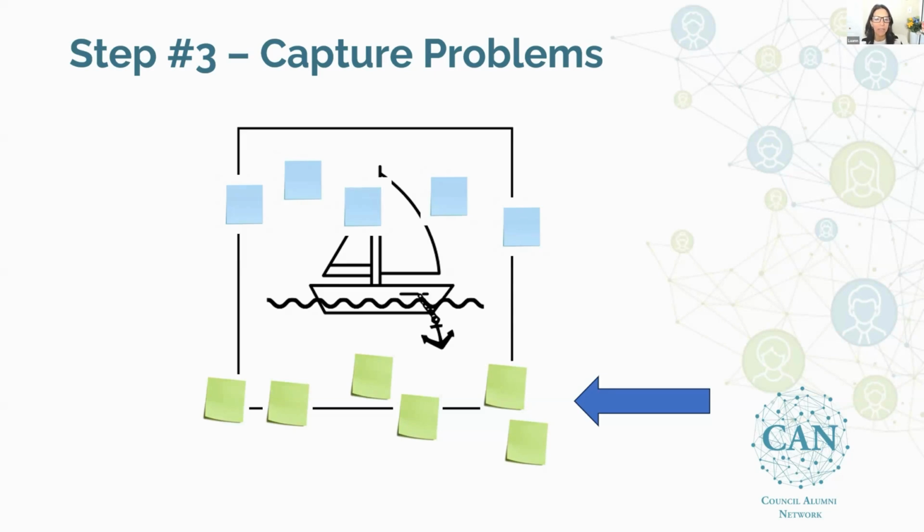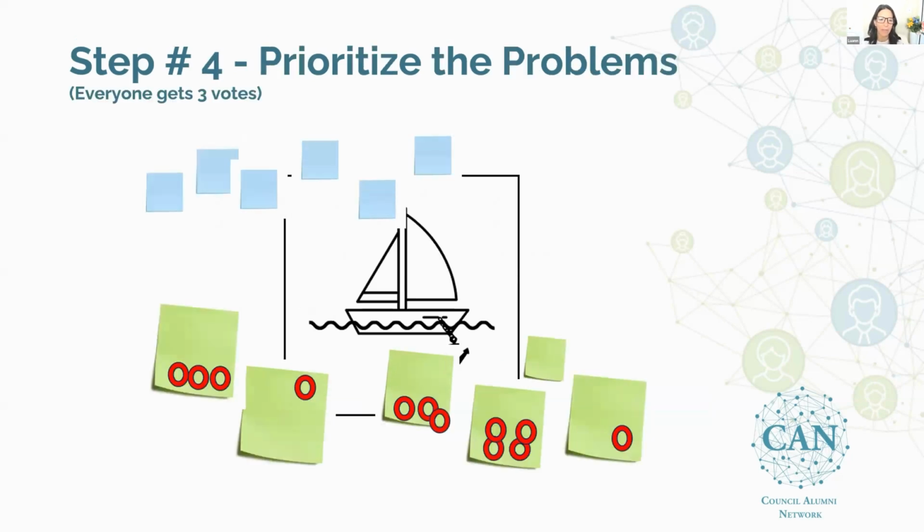All right, so go ahead on to the next one. Next slide. All right. Then what we do is you allow them to go up and put the problems underneath the boat. Now, at this point, you don't have them state what it is. So when they put the positives up, they state what it is.